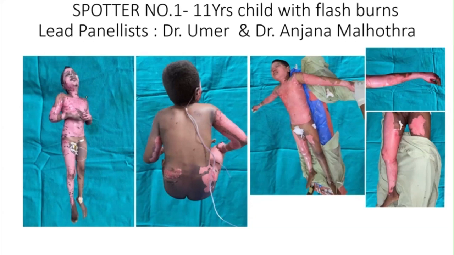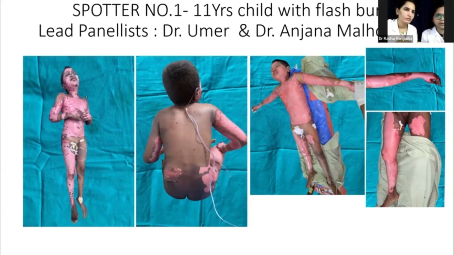How did you calculate? Based on the Lund and Browder chart, since it is an 11-year-old child. How much have you taken the face and neck to be? Ma'am, approximately 12 to 13%, and the chest 13%.